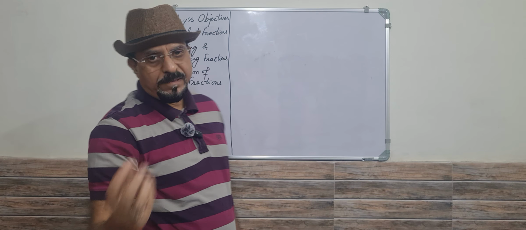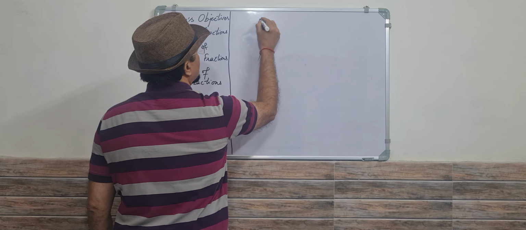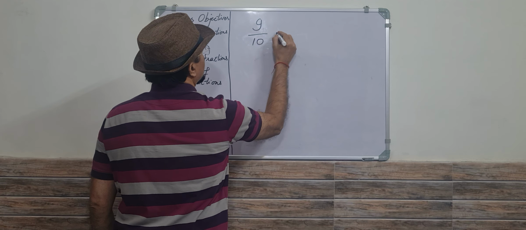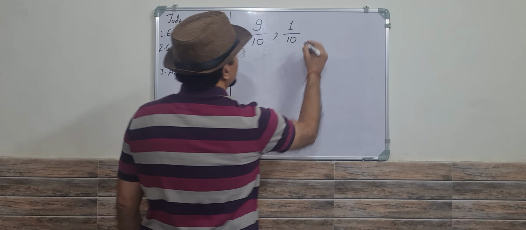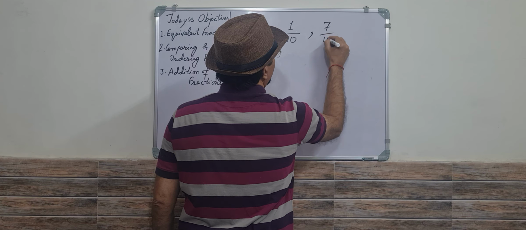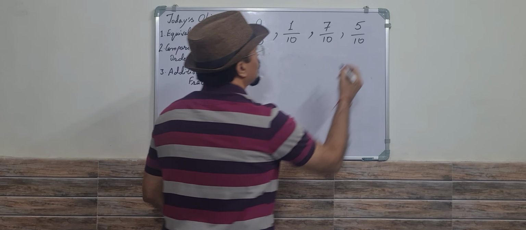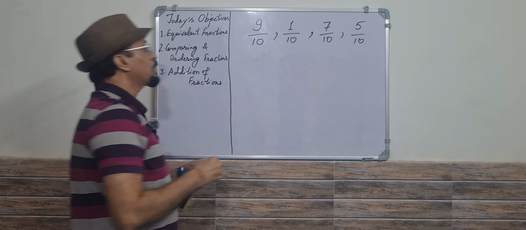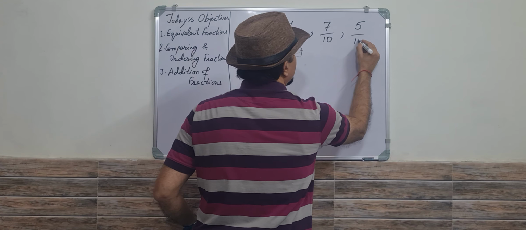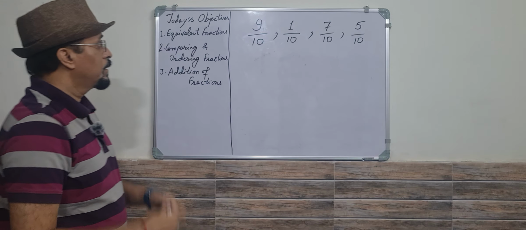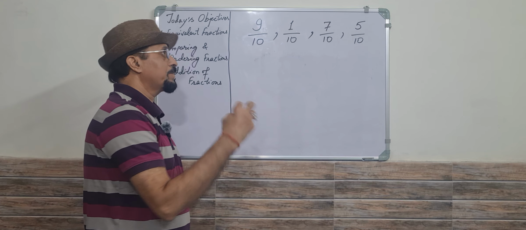Supposingly we are having fractions with the same denominators, like suppose I'm having 9/10, 1/10, say 7/10, say 5/10. We have fractions with the same denominator, which is 10, and we have to compare or find out which is smaller and which is greater.